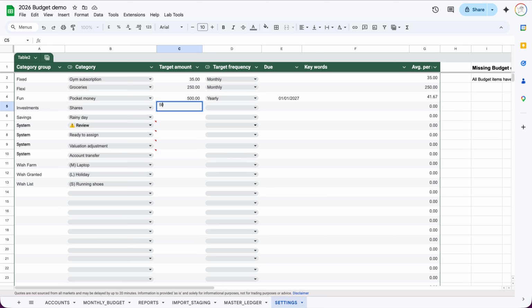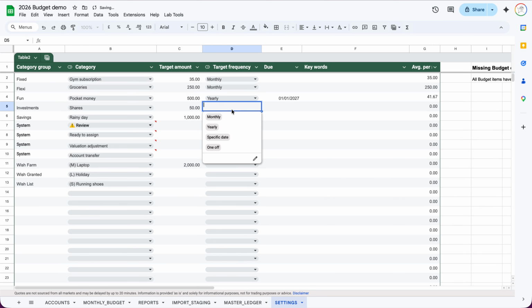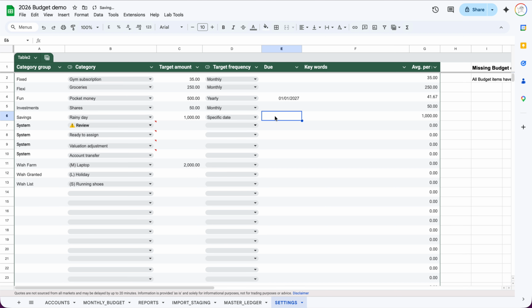Shares, let's say I'm setting aside 50. For rainy day, my target is £1,000. Laptop is the only one that I am currently saving for, and let's say I'm buying a £2,000 laptop. So the shares are probably going to be a monthly thing. The rainy day, let's say I'm trying to hit the £1,000 by the middle of June.